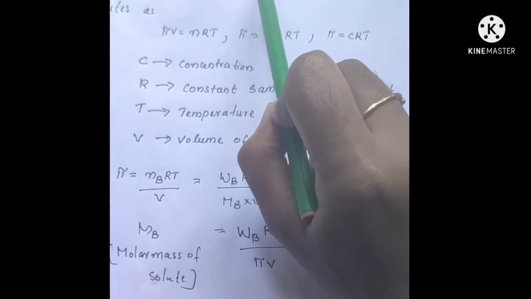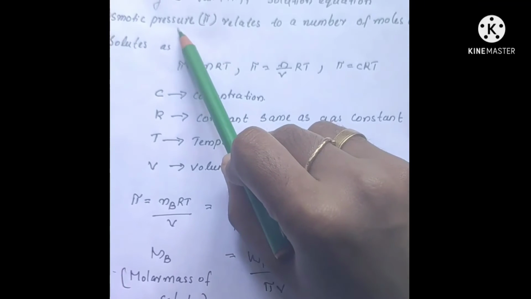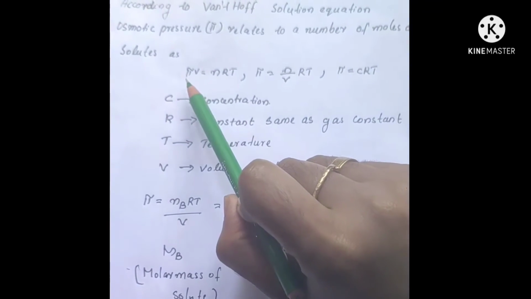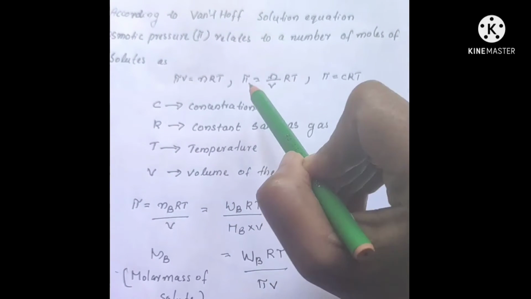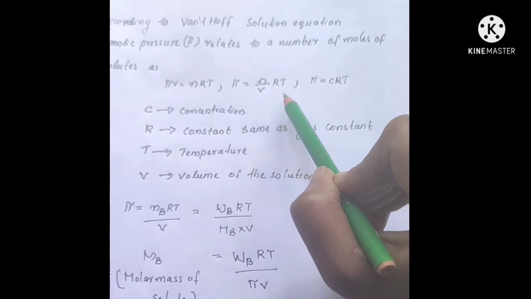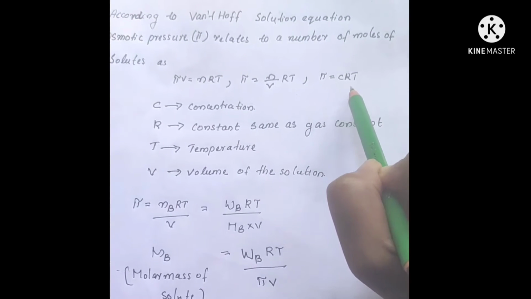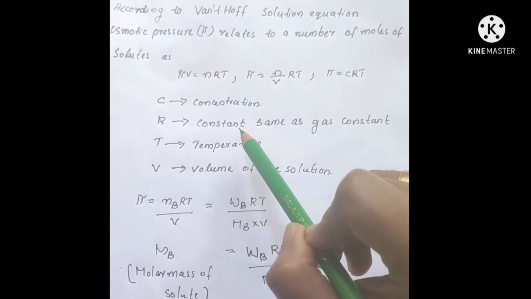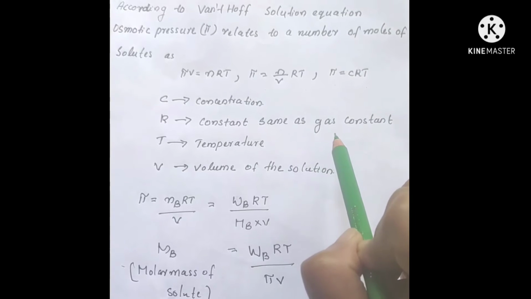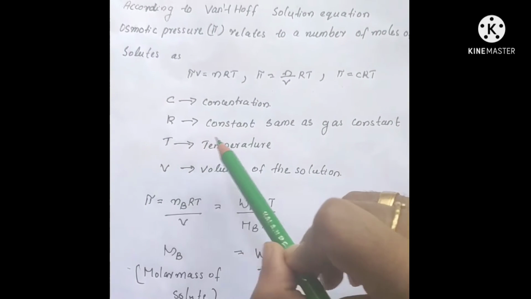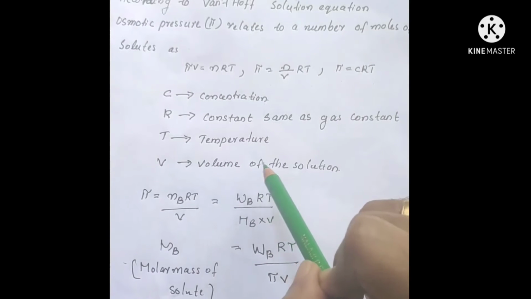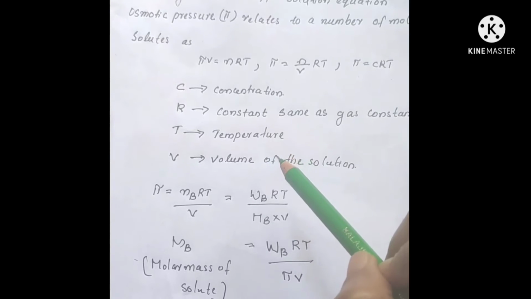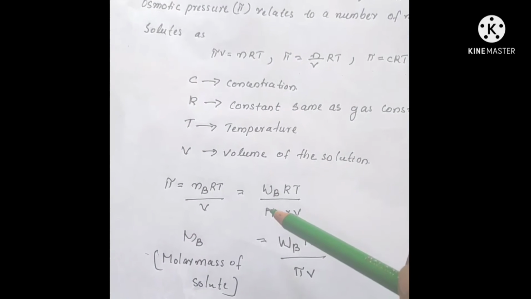According to the Van't Hoff equation, osmotic pressure pi relates to the number of moles of solute as pi V equals nRT, or pi equals n/V RT, or pi equals CRT, where C is the concentration, R is the constant which is the same as the gas constant, T is temperature and V is the volume of the solution. From this relation, we can calculate the molar mass of the solute.